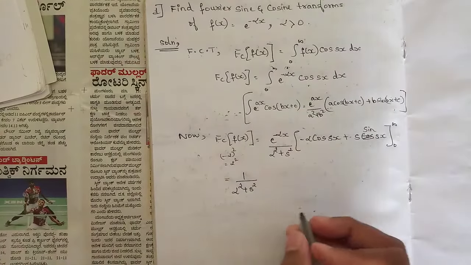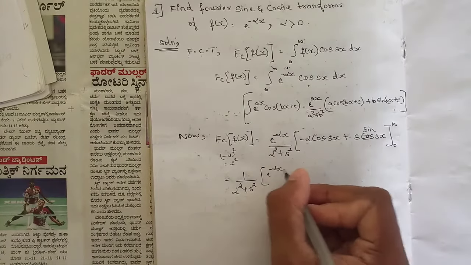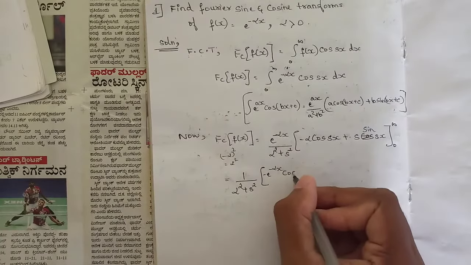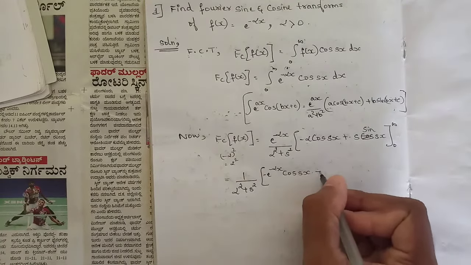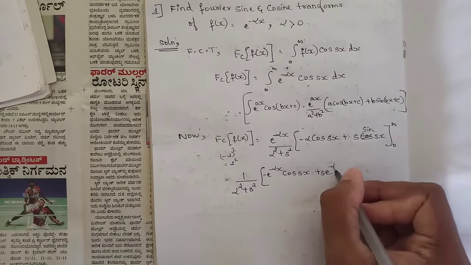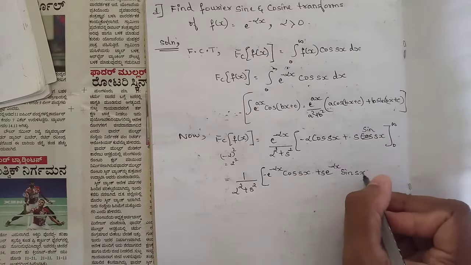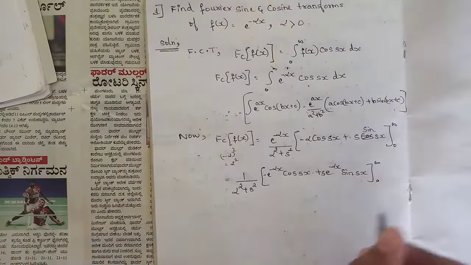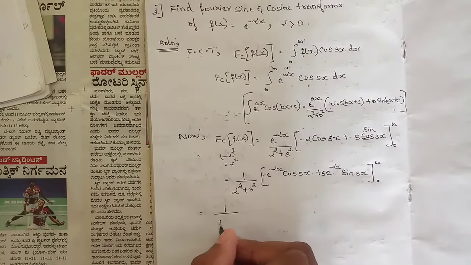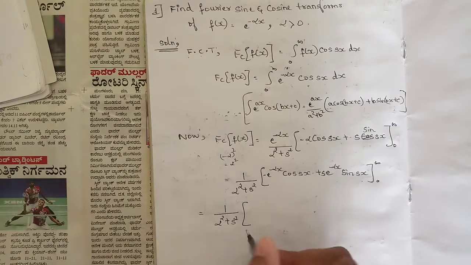That is e to the power minus alpha x into, using the minus sign, cos sx, plus s into e to the power minus alpha x sin sx, and the limits are from 0 to infinity. Now we are going to apply the limits. 1 by alpha square plus s square is a constant, so it remains outside.